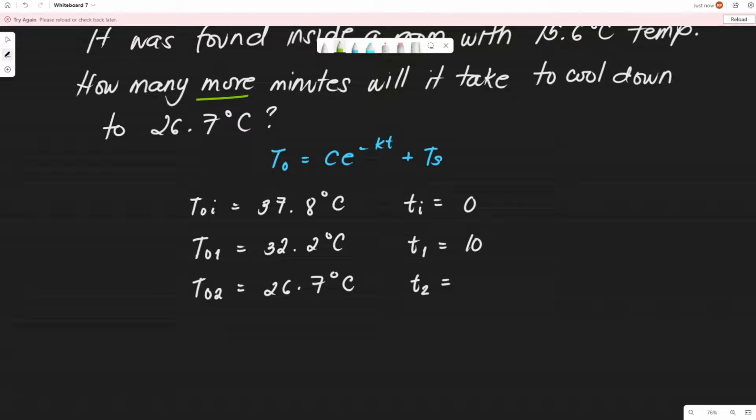We need to take into consideration the first time na nag-cool down siya, etong previous given natin, 10. Meaning T sub 2 is actually equivalent to T, yung makukuha natin sa kung gaano katagal nag-cool down yung object to 26.7 degrees, minus T sub 1, para makuha natin yung T sub 2.